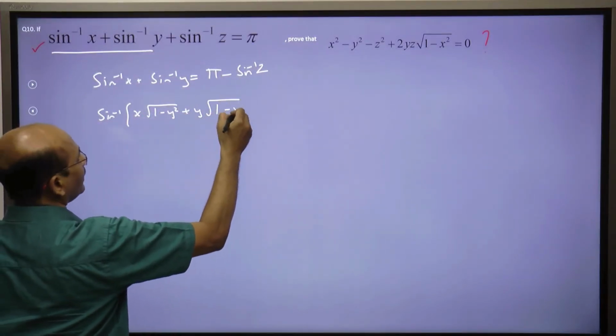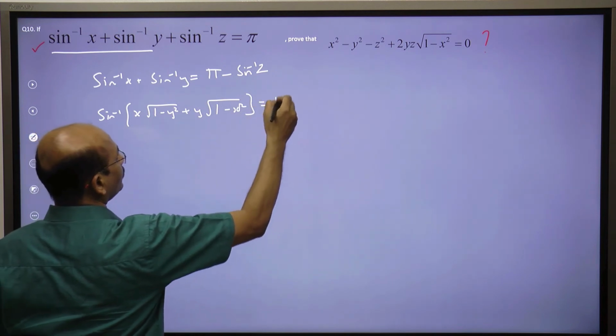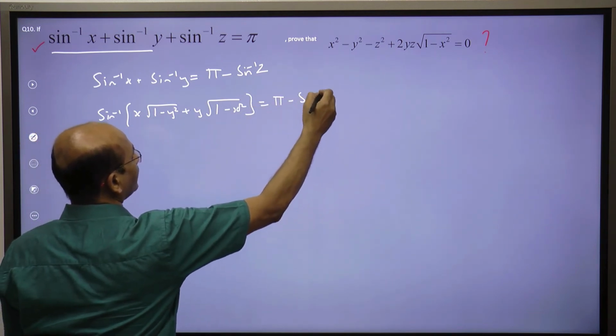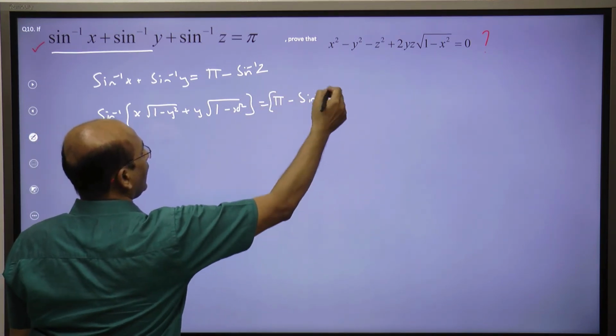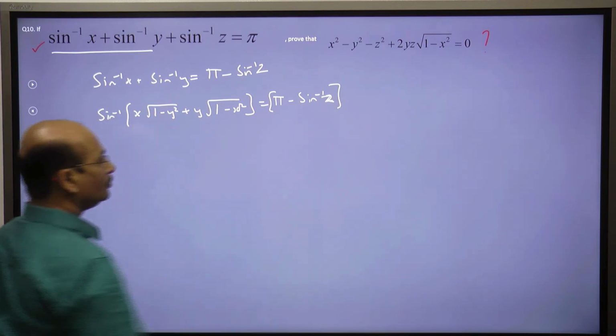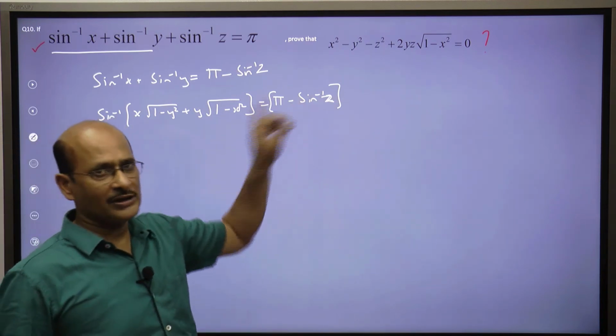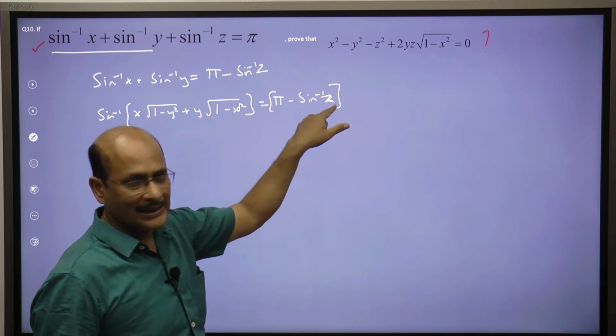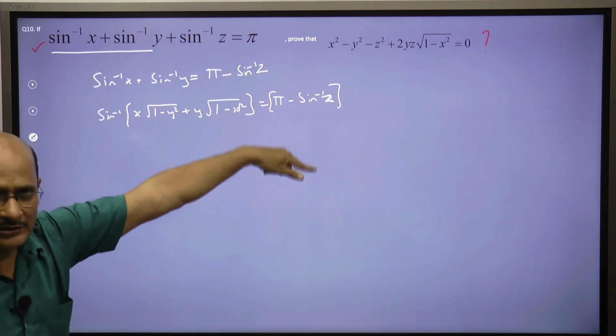Now sine inverse x plus sine inverse y, I can say this is nothing but sine inverse of x root 1 minus y square plus y root 1 minus x square, is equal to pi minus sine inverse z. I want to remind you, any inverse ratio is an angle, so it is pi minus theta. Can I take the sine to this side? Yes, I can.